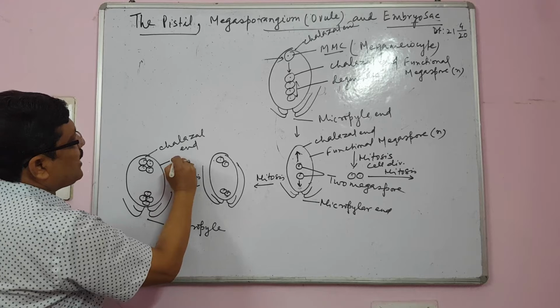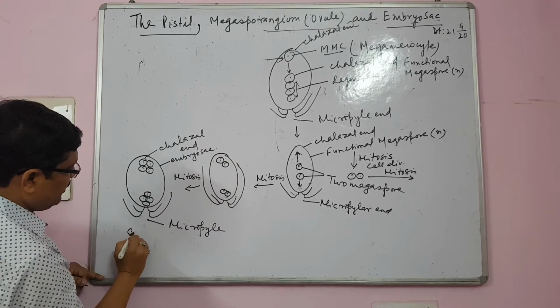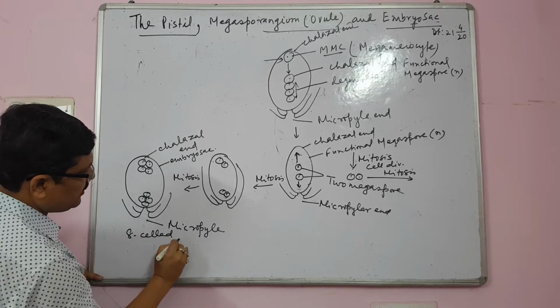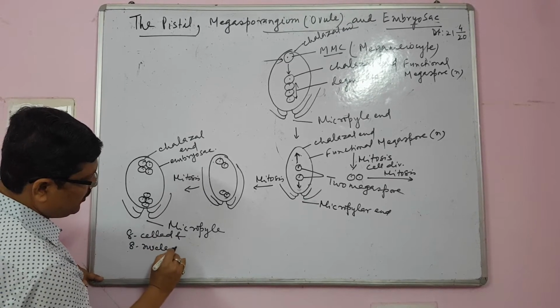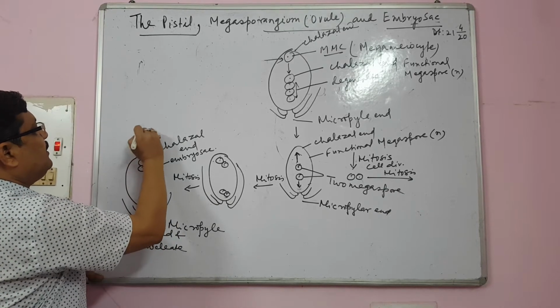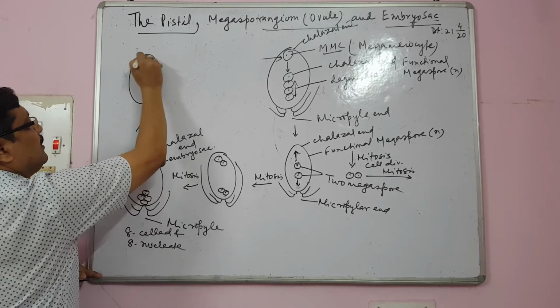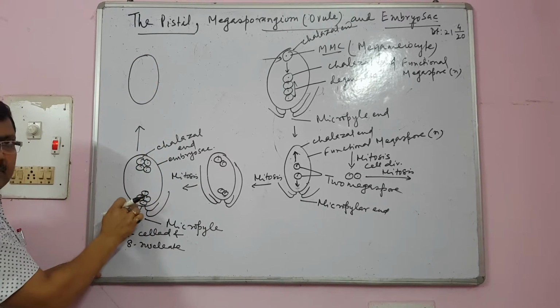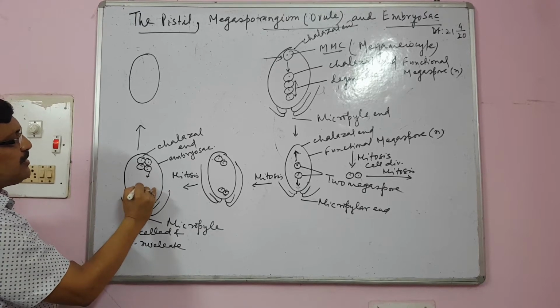This is the embryo sac, 8-celled and 8-nucleate. Again, out of four from both sides, one will migrate to the center.